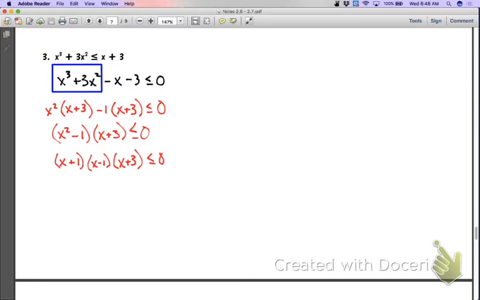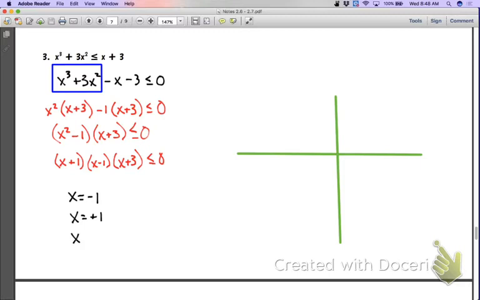So if I'm going to deal with my boundary points, or reference points, whatever you want to call those, or my zeros, when is it going to cross the x-axis? What are my zeros? When x is equal to -1, when x is equal to +1, and when x is equal to -3, right?